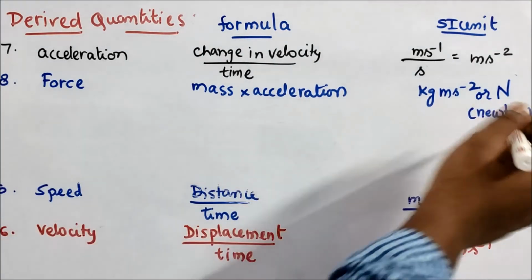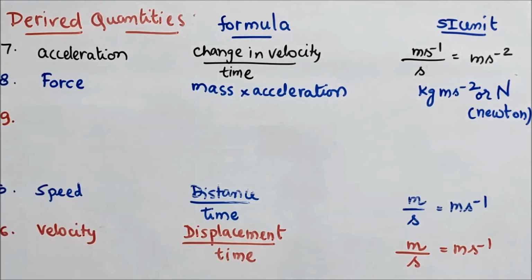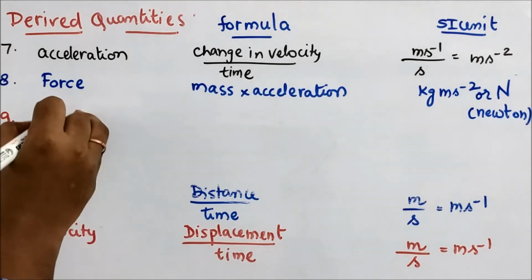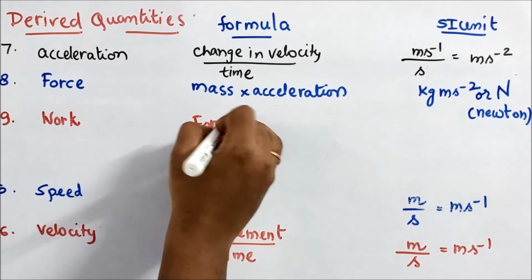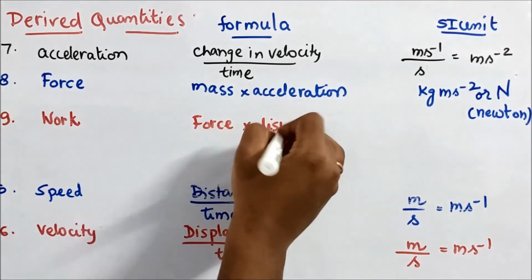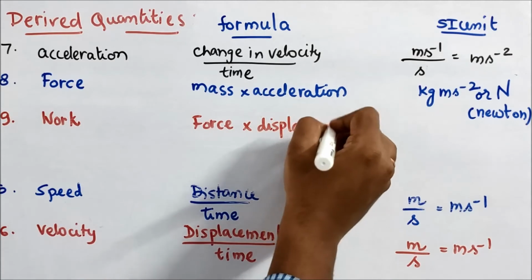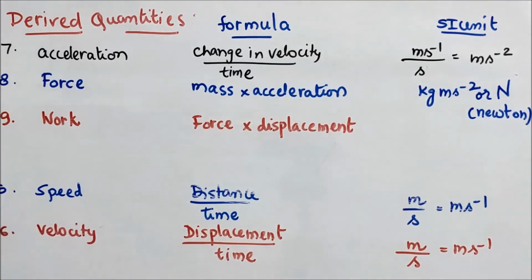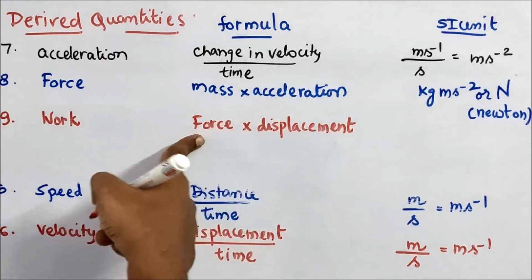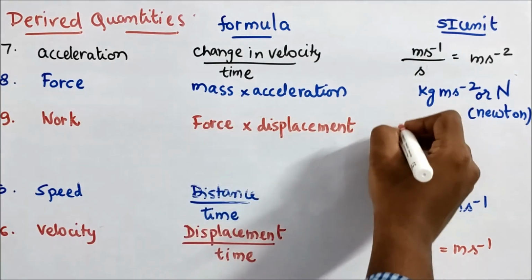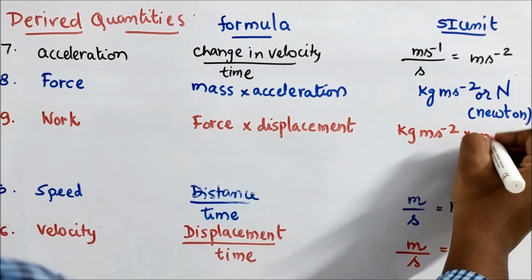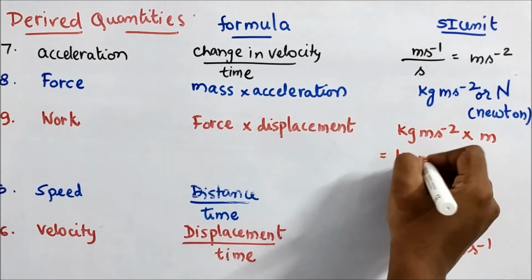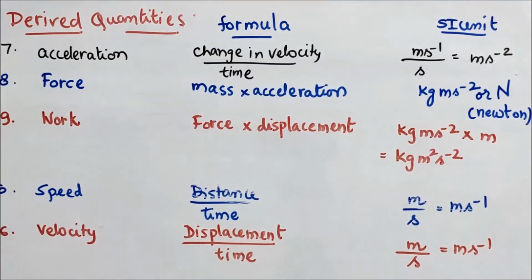Let's take one more. Ninth one, work. Work is defined as force into displacement, the product of force and displacement. Force itself is a derived quantity, multiplied by another derived quantity. The unit for force is kg meter per second square, and the unit for displacement is meter. So the unit becomes kg meter square per second square.